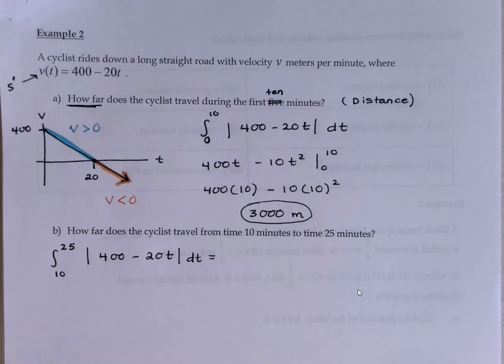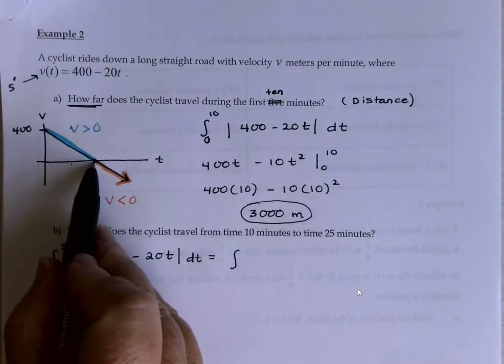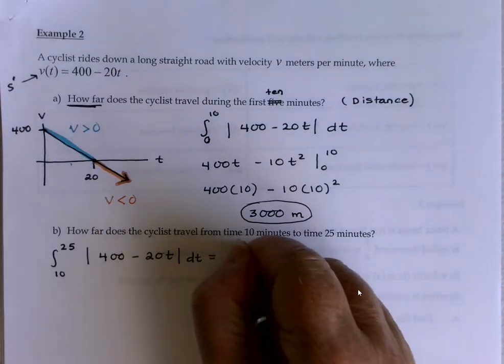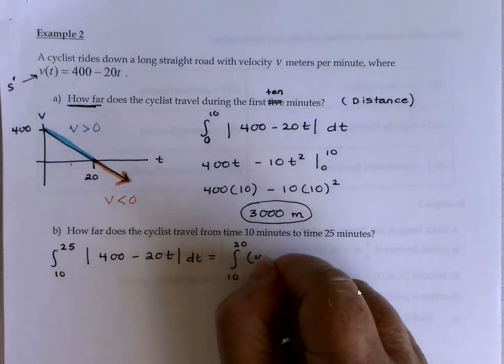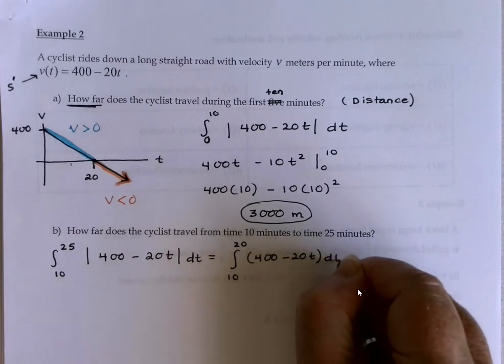But in order to evaluate this, at least by hand, I'm going to have to break that up into two integrals. From 10 to 20, we have a positive velocity. So I can just leave that 400 minus 20t the way it is.